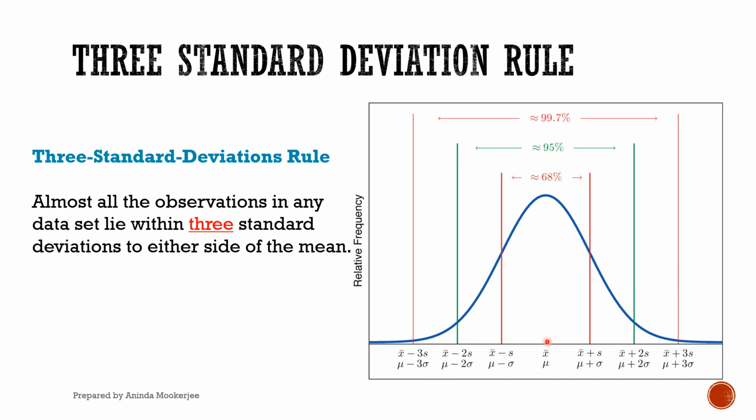And then this goes on further to say that 68% of the observations will be within ±1 standard deviation. See, about 68% will be within ±1 standard deviation. 95% will be within ±2 standard deviations, and 99.7% will be within ±3 standard deviations.